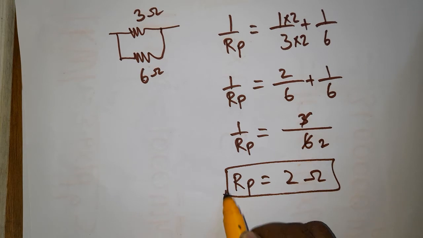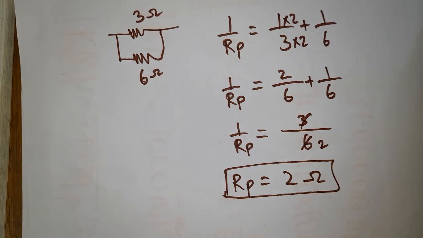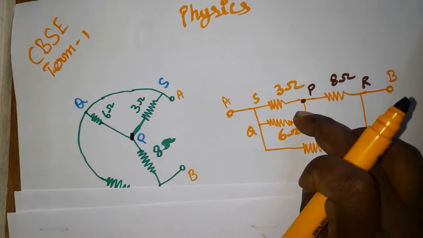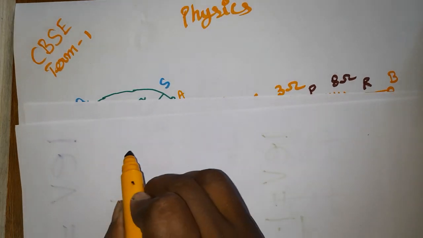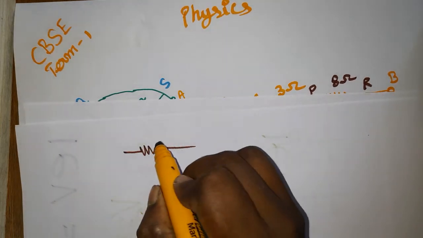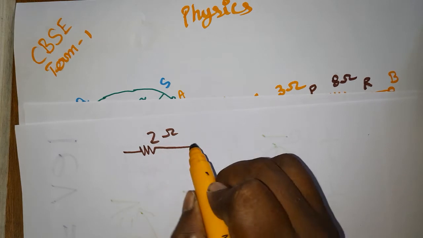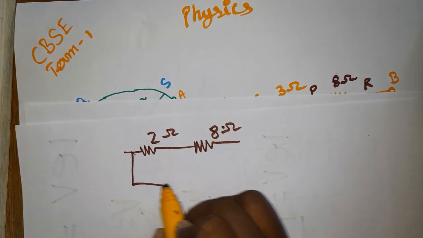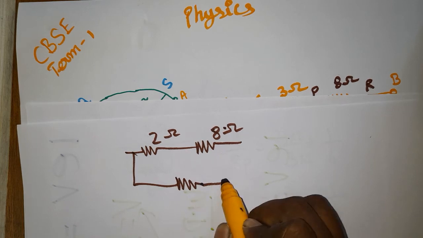Now we got the Rp answer. Then what we have to do? We have to do the next part of the circuit. Only this part alone we simplified, and we got 2 ohms. This is 8 ohms, and it's connected with 30 ohms like this.